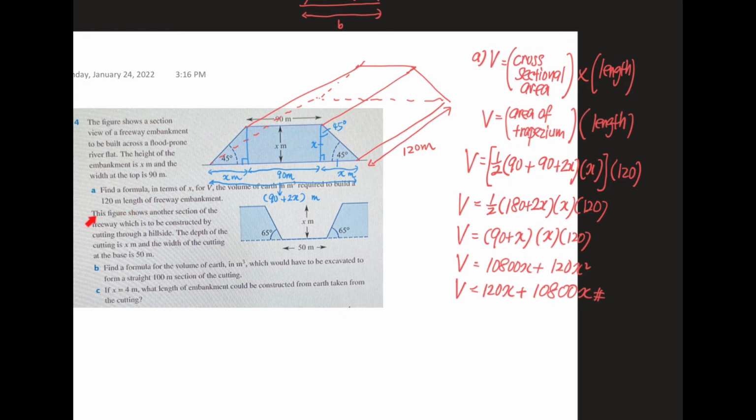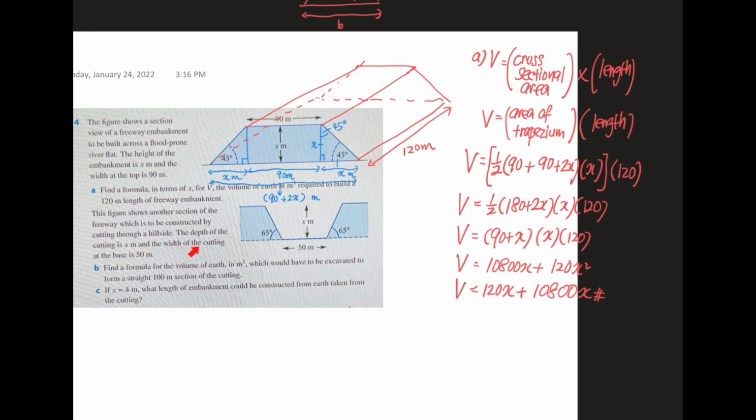Okay, now here, this figure shows another section of the freeway, which is to be constructed by cutting through a hillside. The depth of the cut is x meter. So as you can see here, you have to cut the land in this shape.